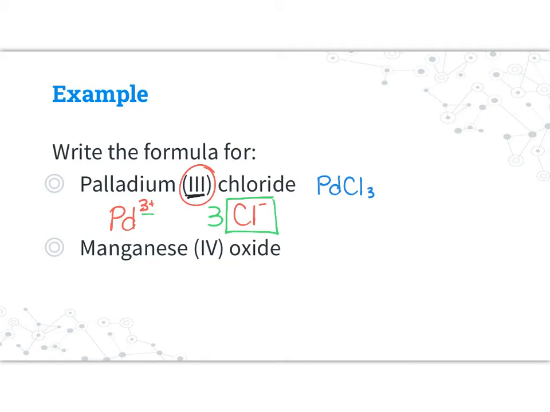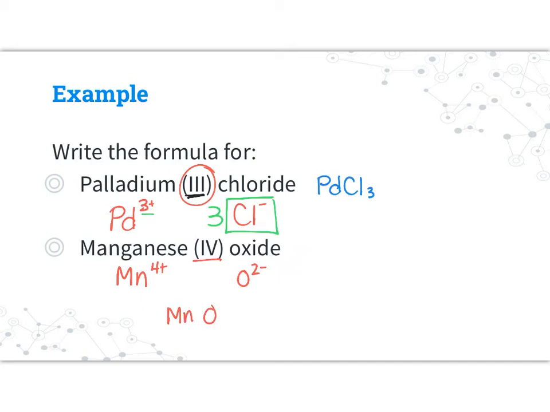Manganese. Manganese is Mn. It's in group 7. You can see the manganese has a 2 and a 4 plus. So I'm going to write Mn. We know it's 4 plus from the Roman numeral, and oxygen is a 2 minus. Here I'm going to use my drop and cross method.